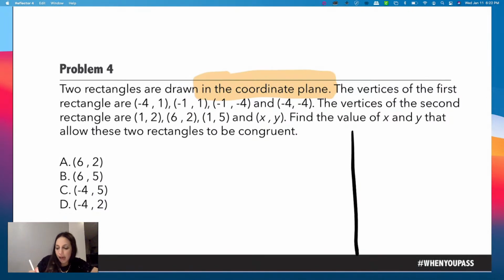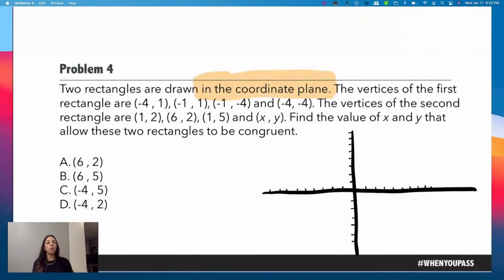As soon as I see that, I am going to draw a very fast coordinate plane so that I can sketch what this looks like. I may not use the sketch for anything other than visualization, but that is such an important piece when we're solving problems.